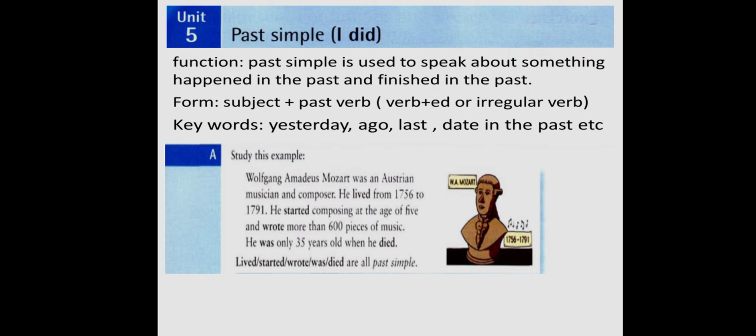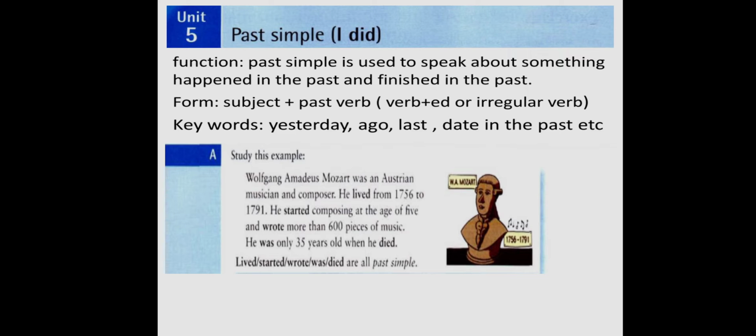I wrote, he wrote, she wrote, they wrote, you wrote. Here the base form is write, and the verb in the past is wrote. Either the verb changes completely if it is irregular, or you have some changes in the verb, not completely.